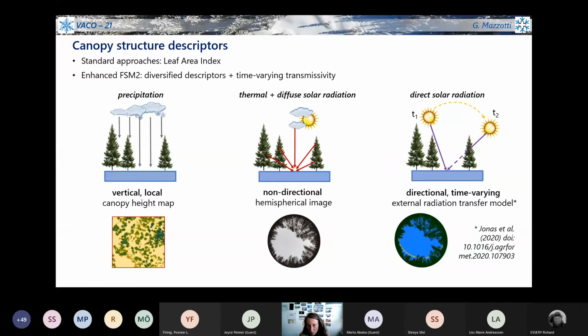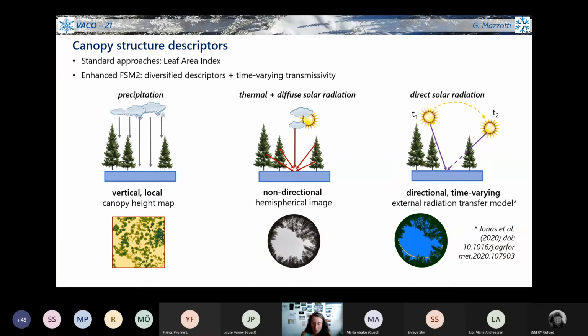Diffuse solar radiation or long-wave radiation is affected by the canopy seen in the full 180-degree hemispherical view. And the transmission of direct solar radiation depends on the exact geometric arrangement of sun and canopy at any specific point in time. And this obviously changes as the sun moves along the solar track.